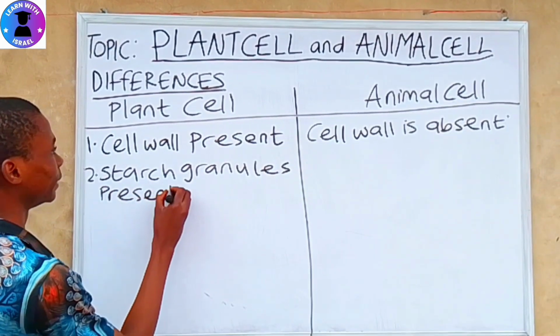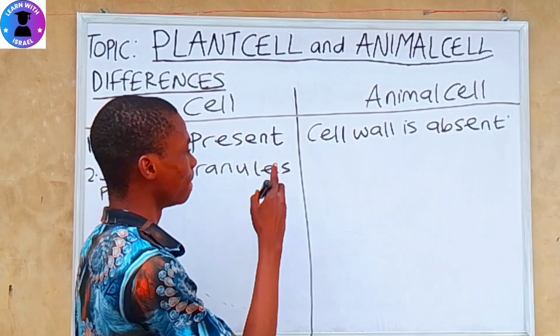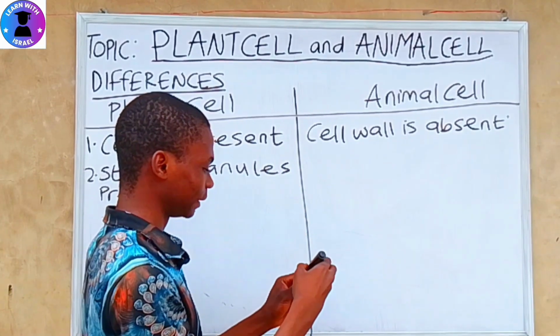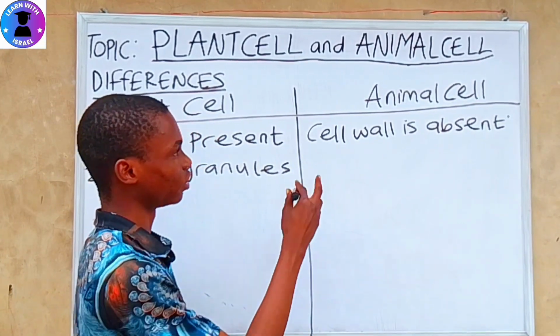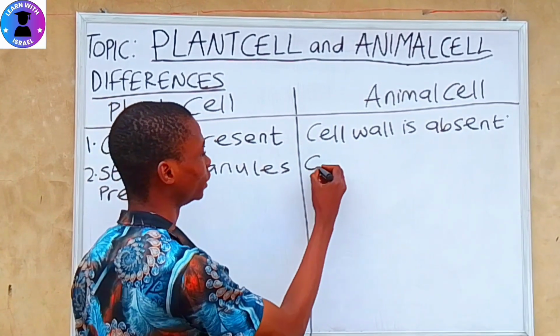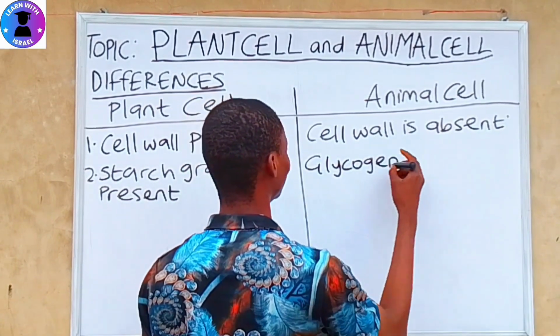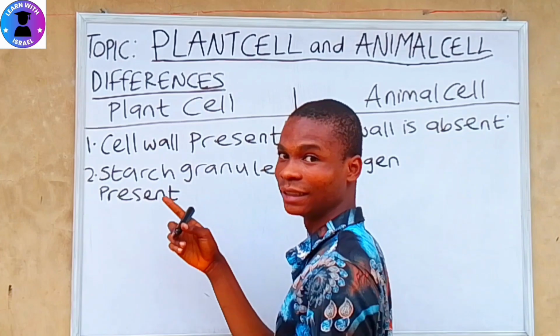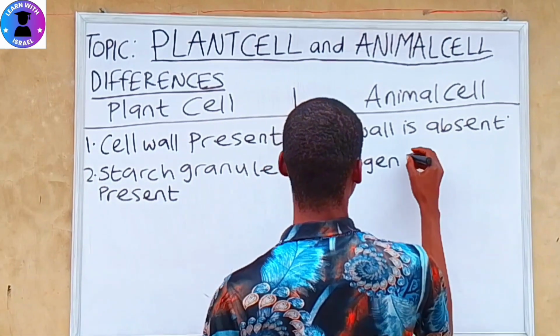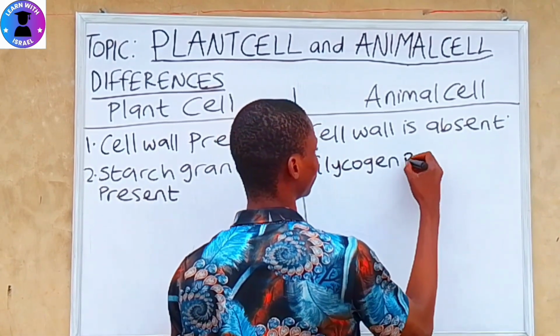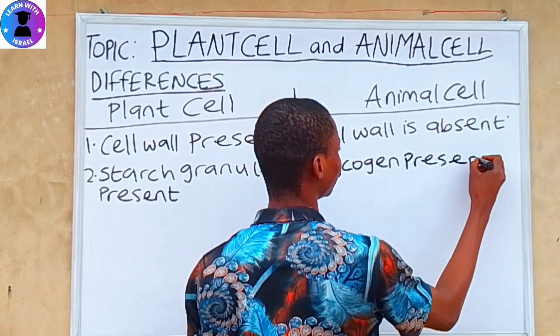Starch granule is present in plant cell, but starch granule is not in animal cell. We have glycogen, which is the one that represents the starch in plant cell. So glycogen is present in animal cell.